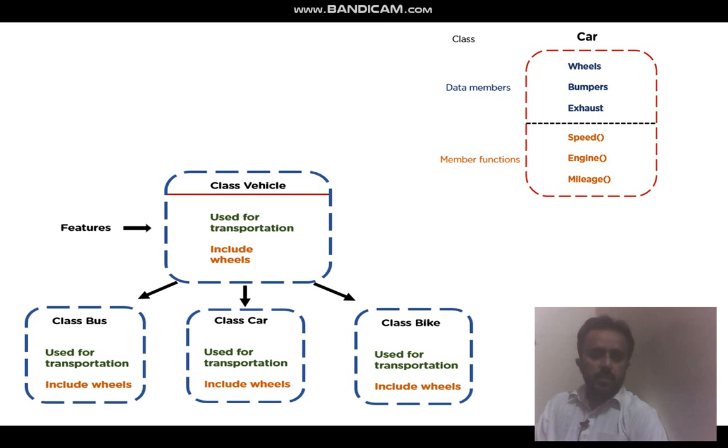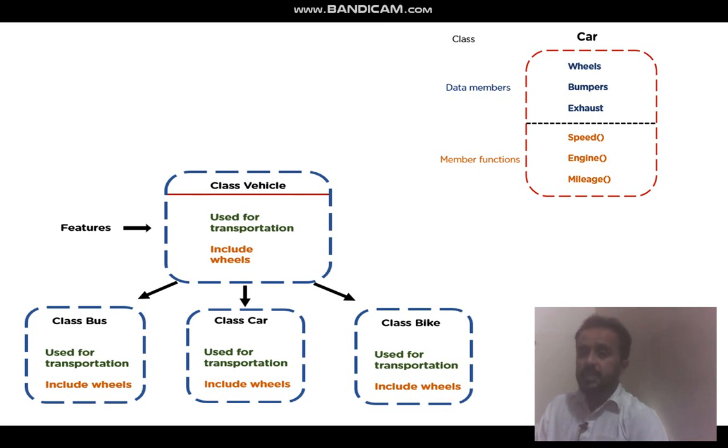Like a vehicle, there are many other objects: a bus is also a vehicle, a car is also a vehicle, and a bike is also a vehicle. So all of these are built from the blueprint of the vehicle. In the upper top right corner you can see an object named car.